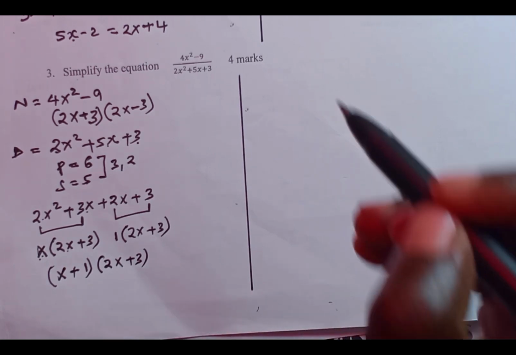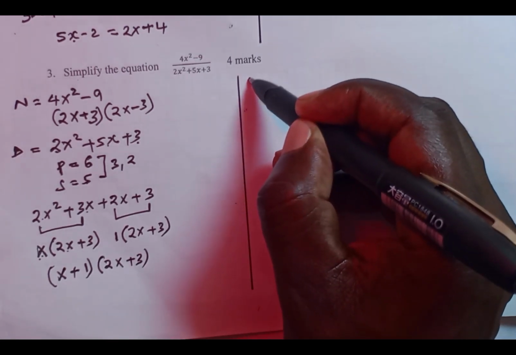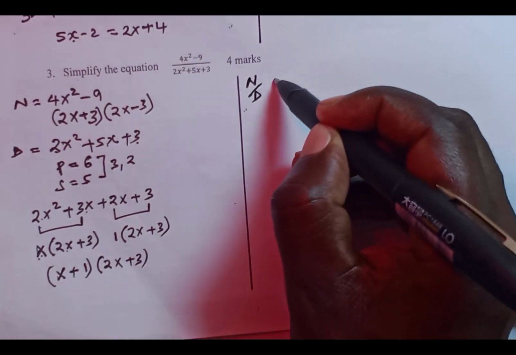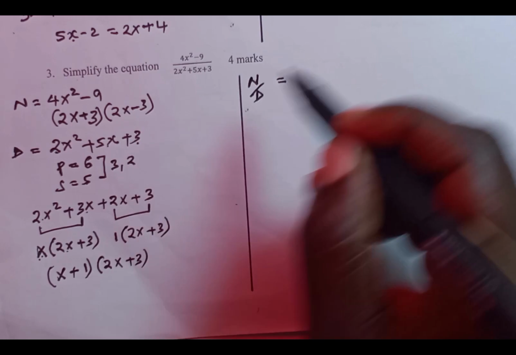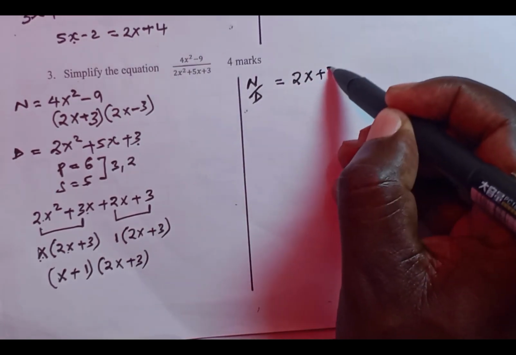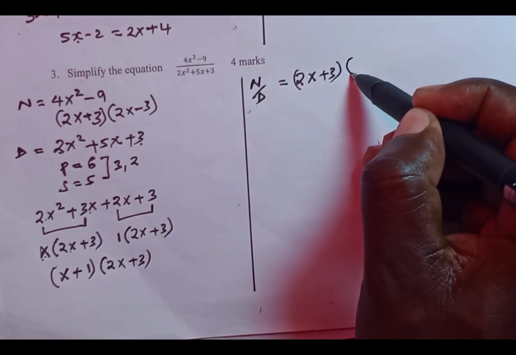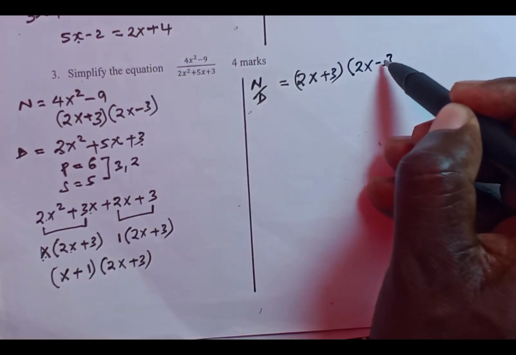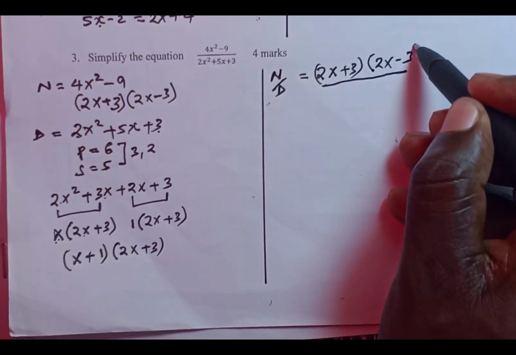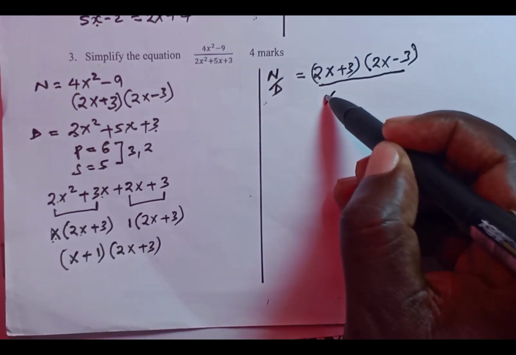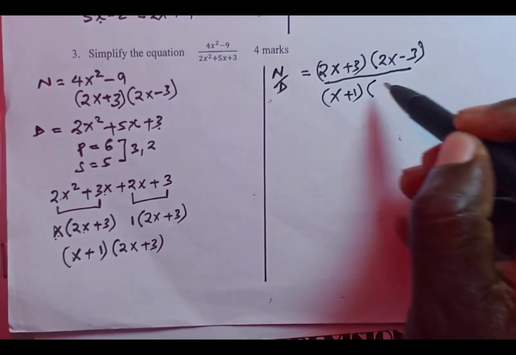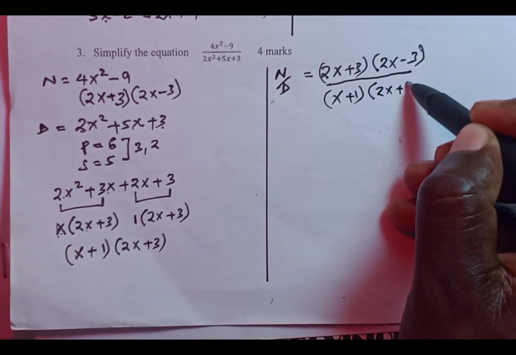Having done that very well, we can now go back and combine the numerator and the denominator. In this case, our numerator simplified to 2x plus 3 into 2x minus 3. We divide by x plus 1 multiplied by 2x plus 3.